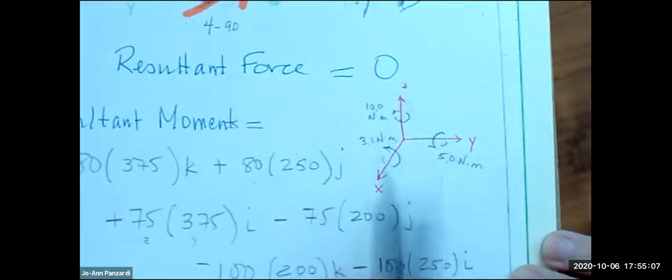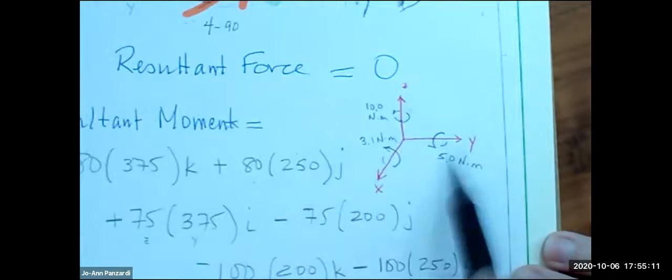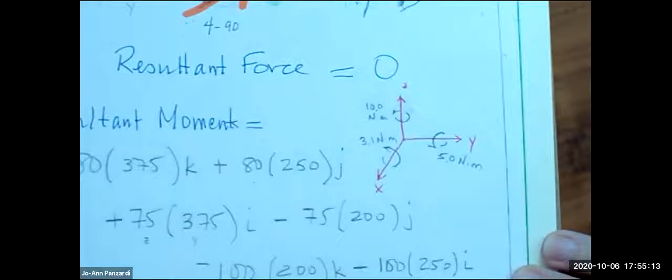So it's spinning in the X. It has a component of spinning in the X, has a component of spinning in the Y, and has a component spinning in the Z. And it's all positive. So which way is this resultant moment directed? Edgar, you want to still do that one? Could it be like in the first octant?